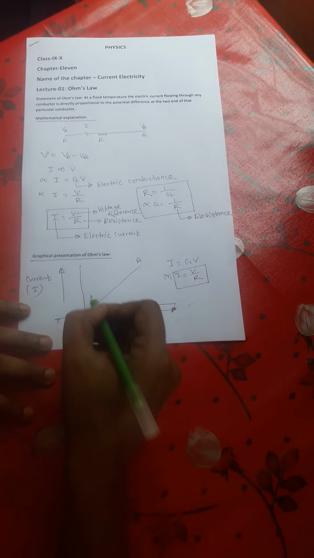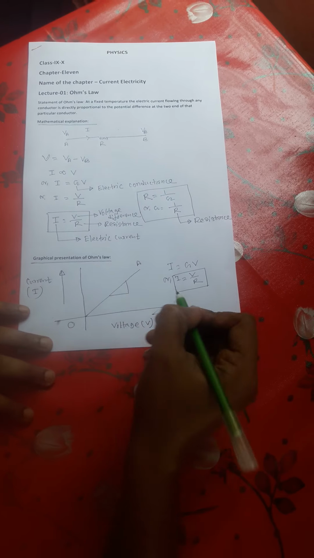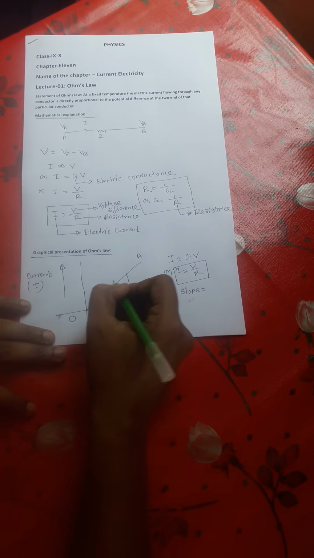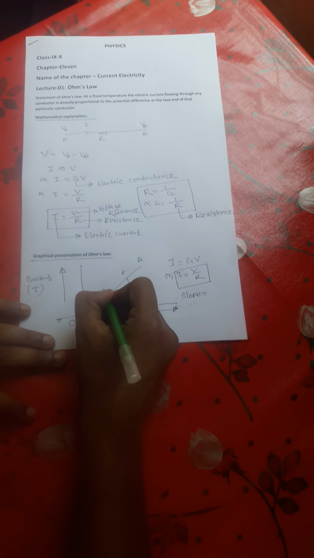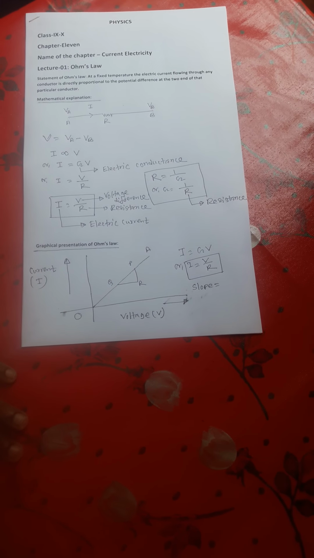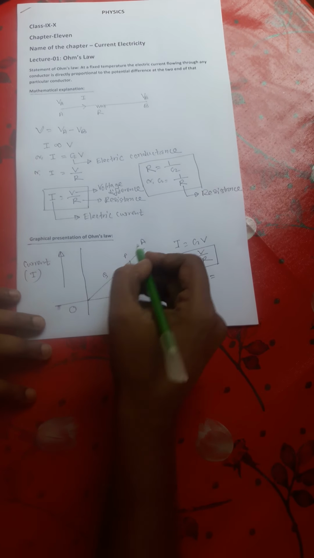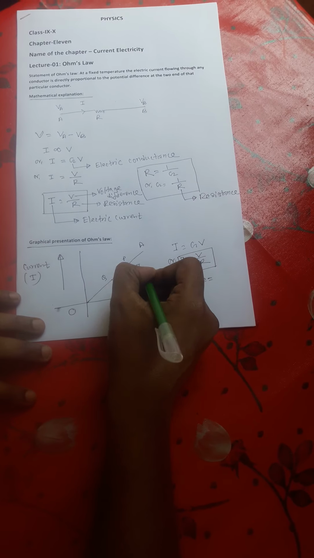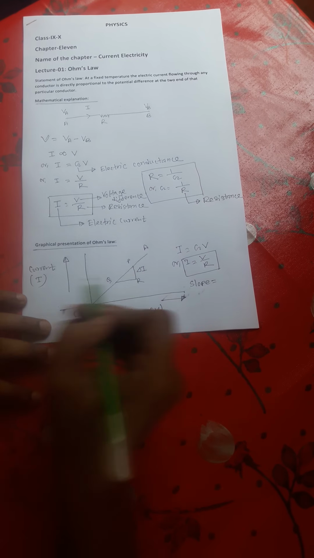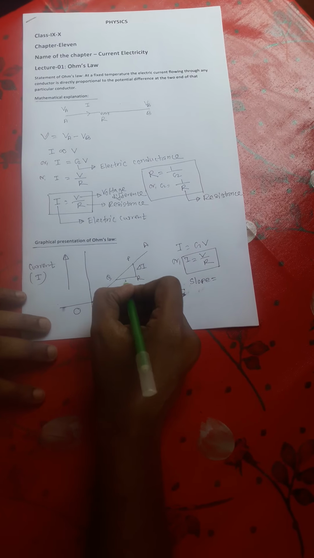Then we find the slope of the graph. Say P, Q and R form a triangle on this graph. In this triangle, PR indicates the change of electric current, because it stands along the current axis, and QR indicates the change of voltage, delta V, because it stands along the voltage axis.